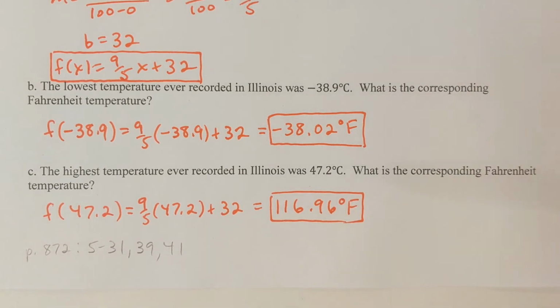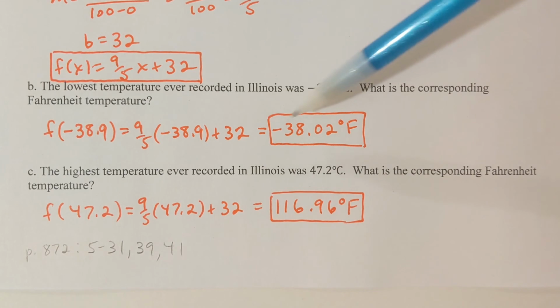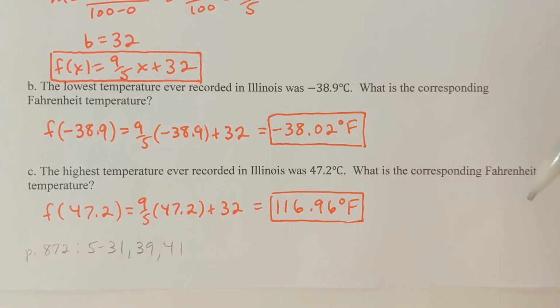Now this function will give you the Fahrenheit temperature for a particular Celsius temperature. So part B, it says the lowest temperature ever recorded in Illinois was negative 38.9 degrees Celsius. What is this in Fahrenheit degrees? Okay, well I would just plug in that number and then go to the calculator and simplify.